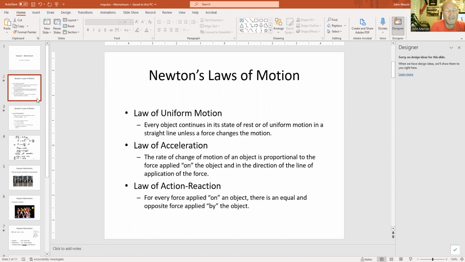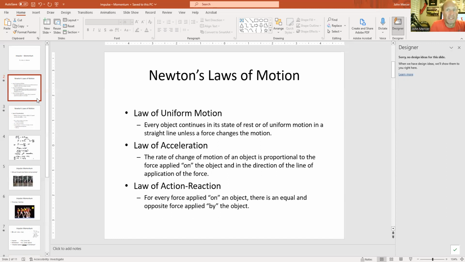Simply an observation. If something's moving, it's going to continue to move at that constant velocity. If velocity is changing, that means there's a force applied to the object. If the object's not moving, has zero velocity, it's not going to start moving unless something causes it to change movement, that's a force.